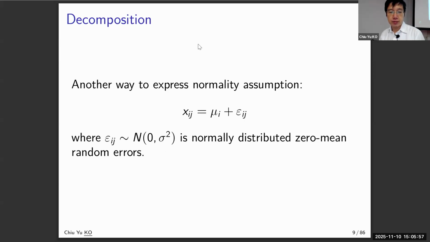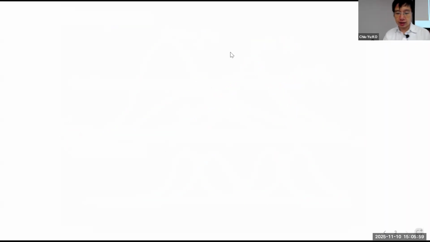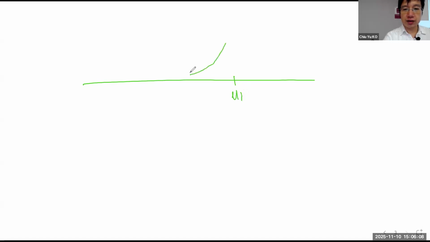Let me draw it down. So this is very standard in many kinds of models. So usually if you have a mu i, the bell curve is like this, right? So we have xi follows normal mu i, sigma squared.